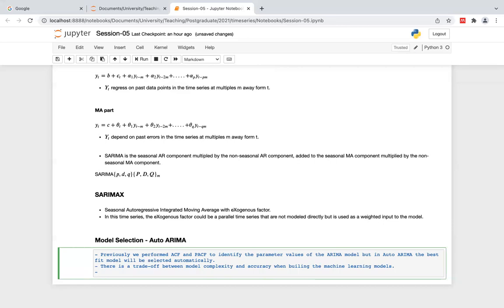In our case, for the ARIMA model, the complexity would increase with P and Q, which means large past data points and their components.